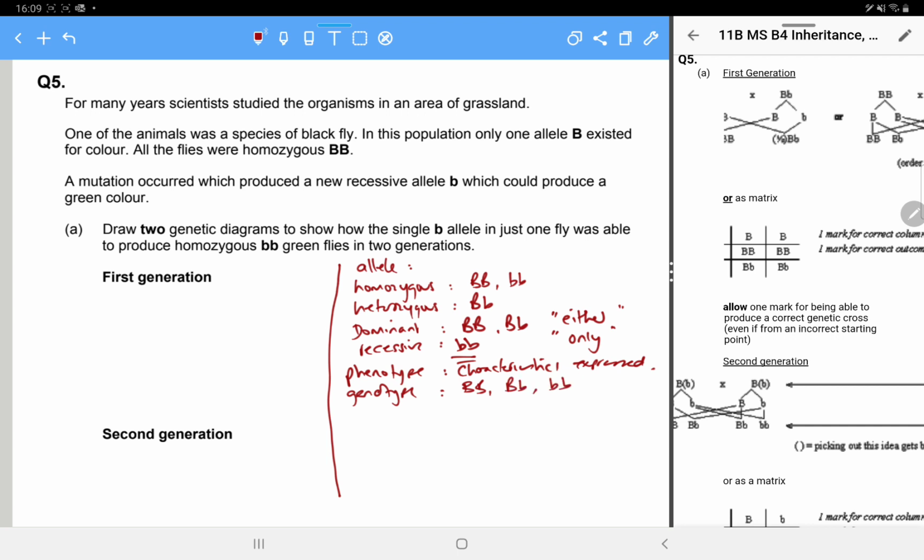So the genotype, the two alleles together, is a genotype, okay? Those are the definitions that we need to know, okay? So if I've forgotten any, I'll put them in as we go. So that is a background to the kinds of things that we need to be thinking of and to know here.